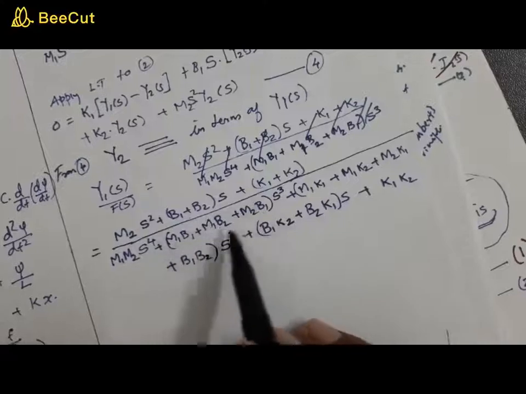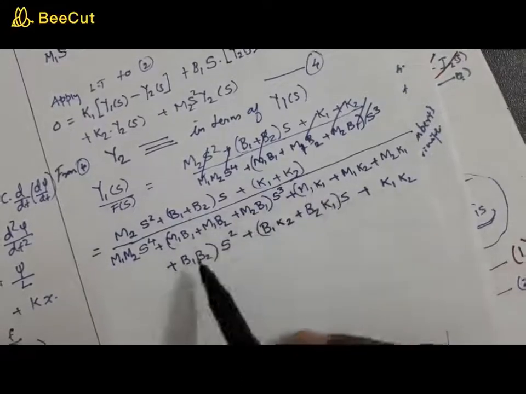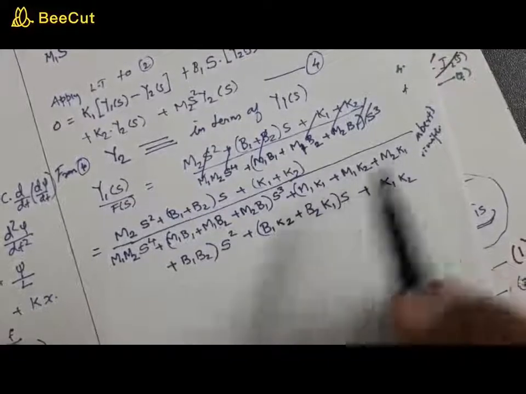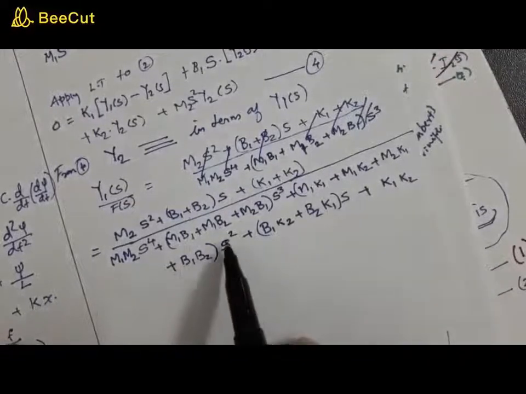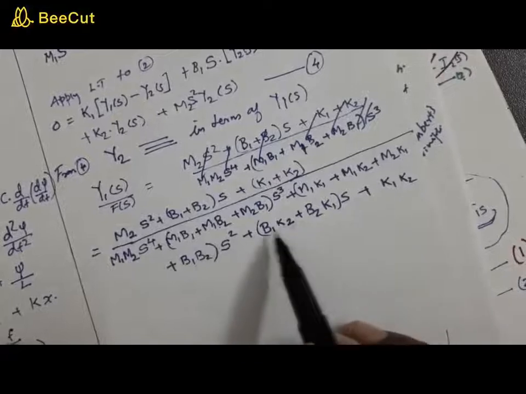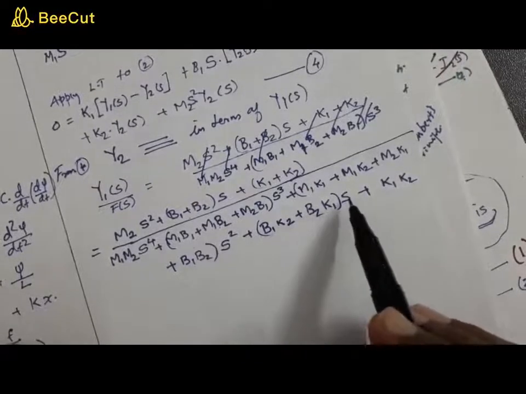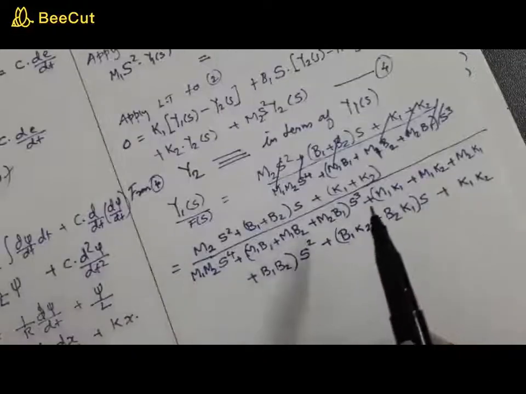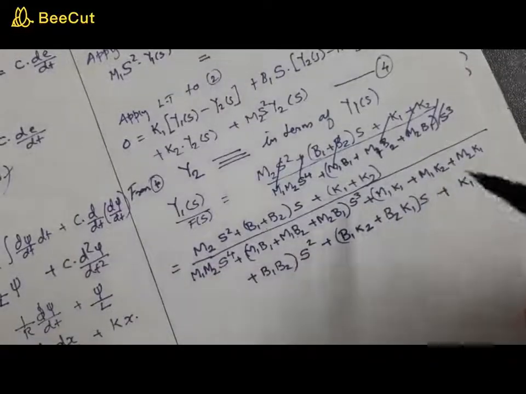The coefficient of s square is m1 k1 plus m1 k2 plus m2 k1 plus b1 b2, and the coefficient of s is b1 k2 plus b2 k1, plus k1 k2. Just check whether you're getting this answer.